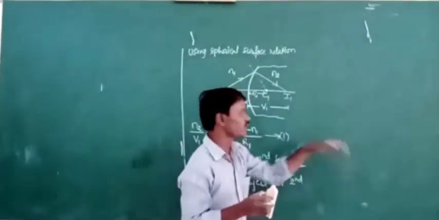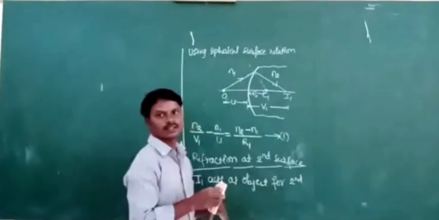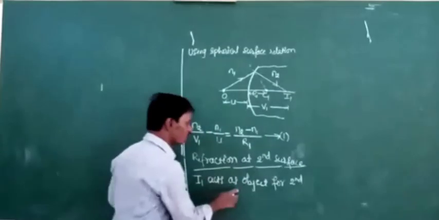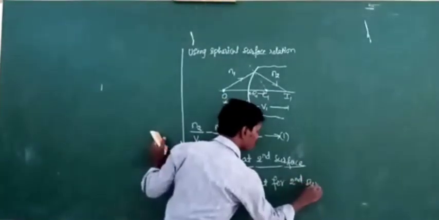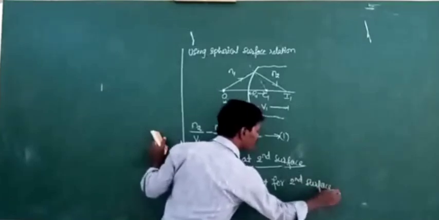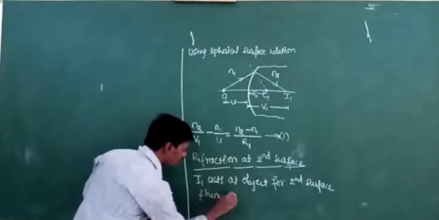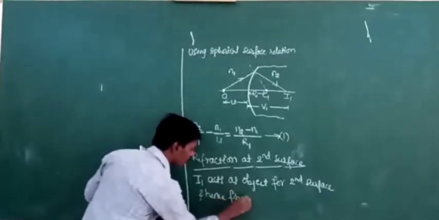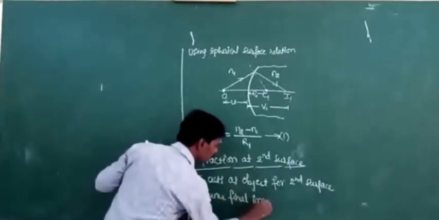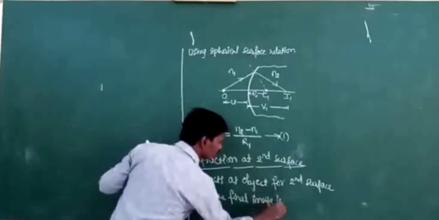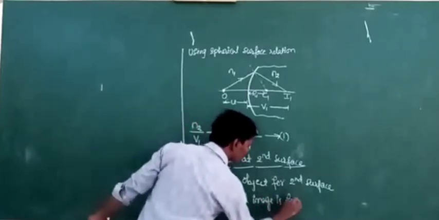I1 acts as the object for the second surface, and hence the final image is formed at I.